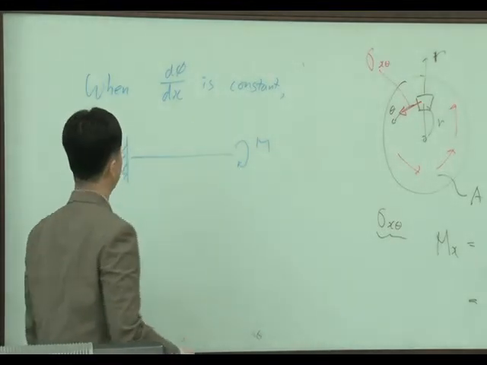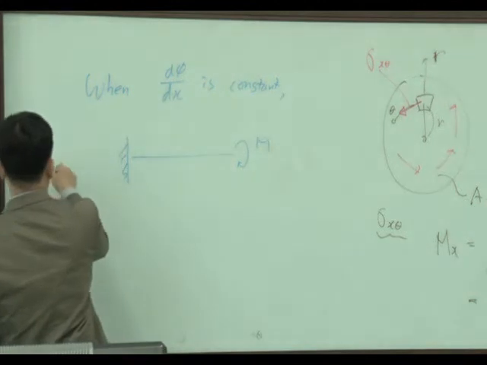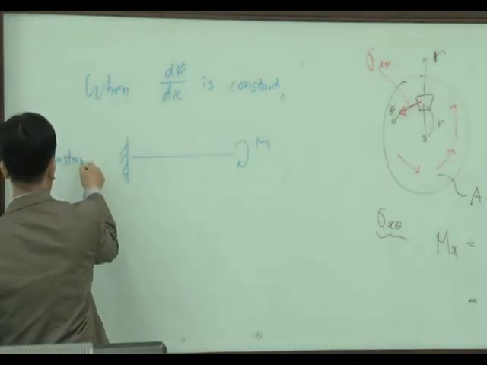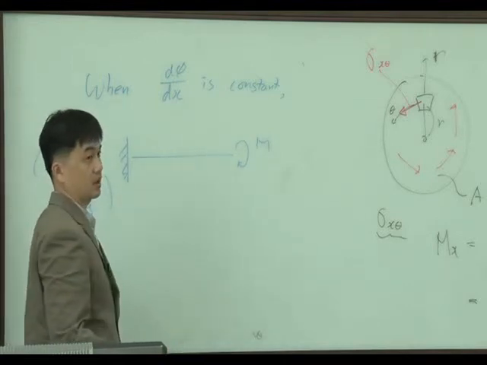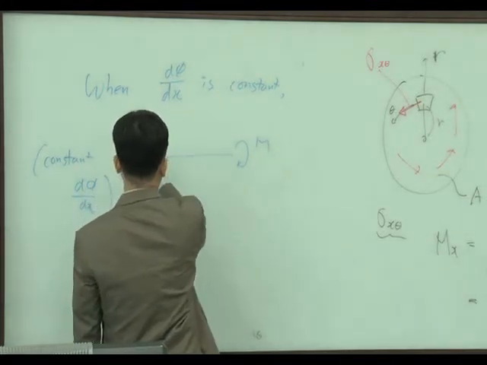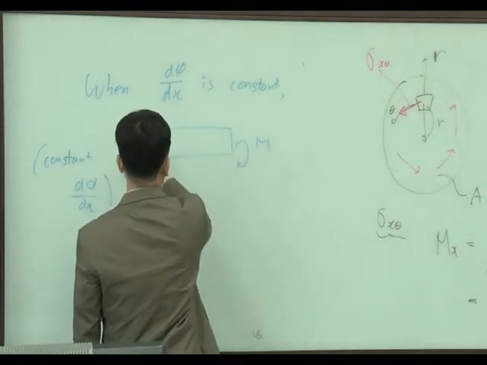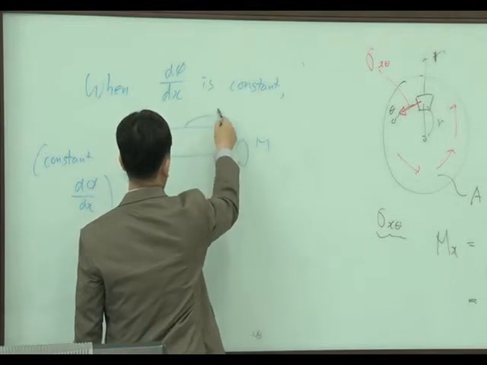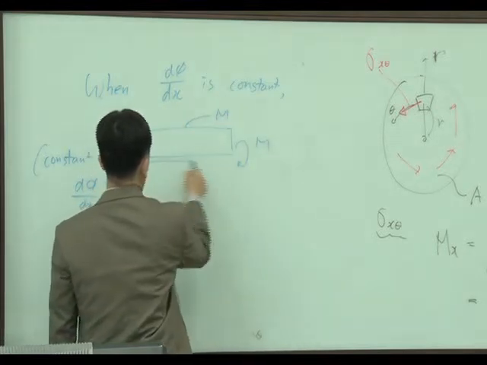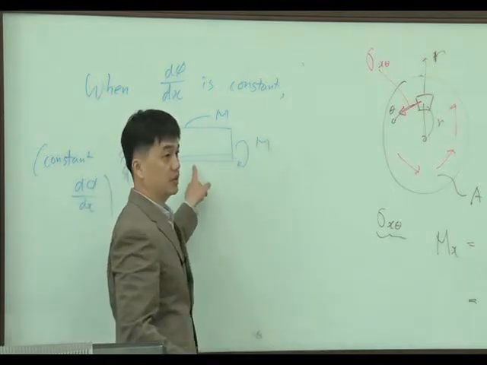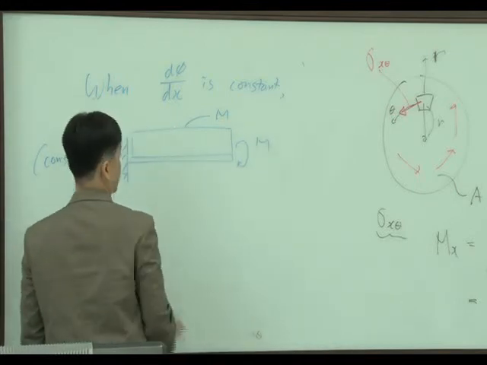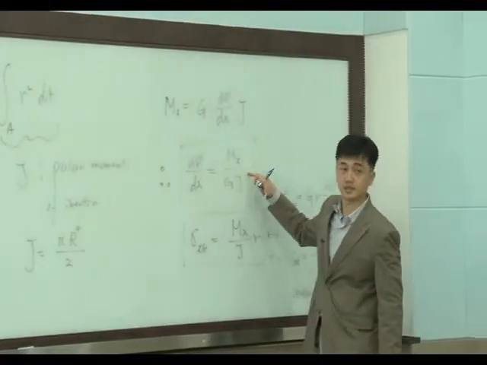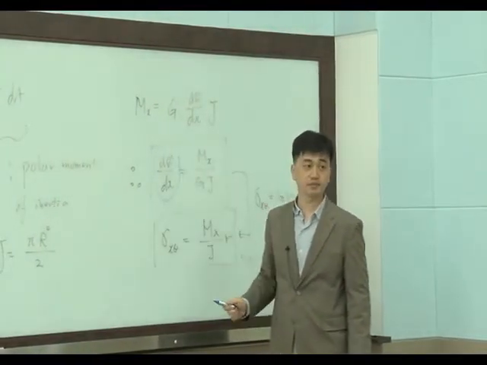This is a constant dphi/dx. Why? At all the beam cross sections, the torsional moment is the same, right? At this section, the torsional moment is M. In this section, the torsional moment is M, M, M. So, because the torsional moment is the same, in this equation, this becomes constant.